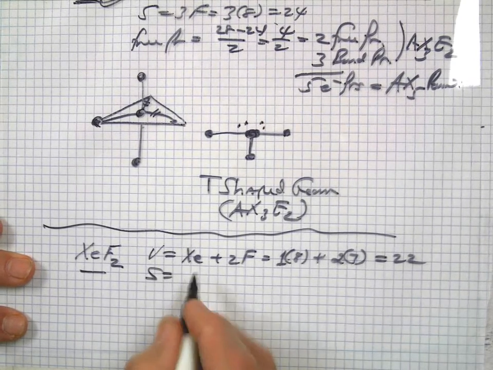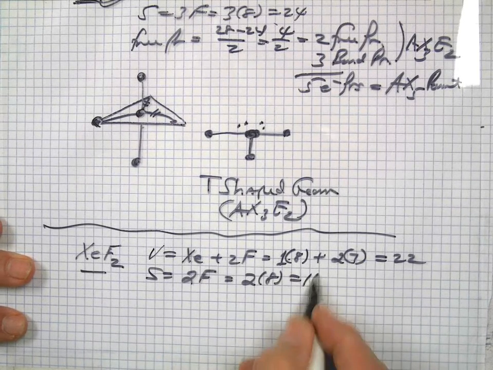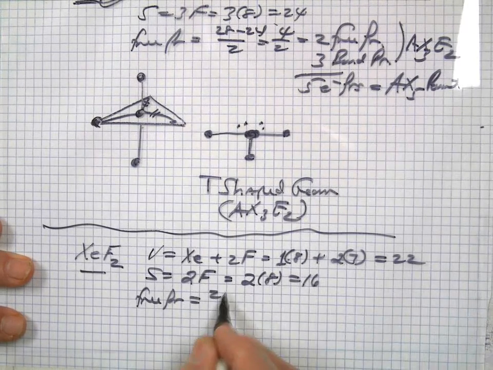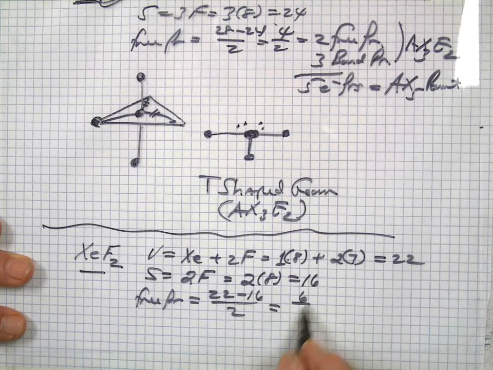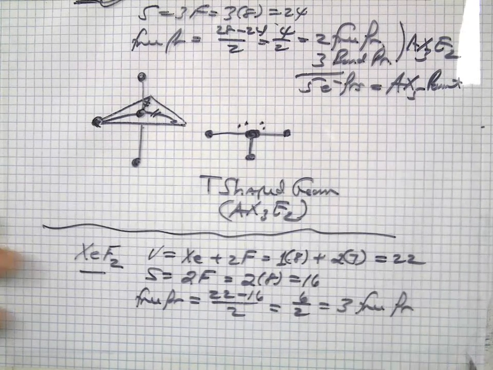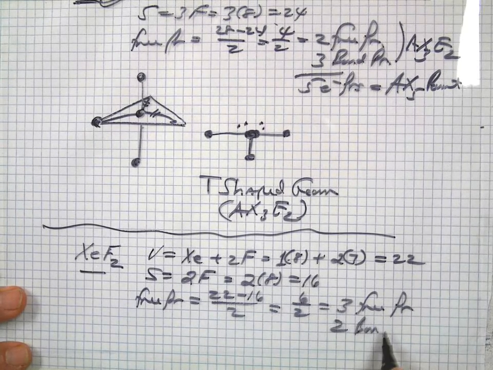You have 2 substrates, 2 fluorines, so that's 2 times 8, that's 16. So free pair equals 22, valence minus substrate 16, over 2, which is 6 over 2, or you have 3 free pairs and 2 bonded pairs from the molecule.